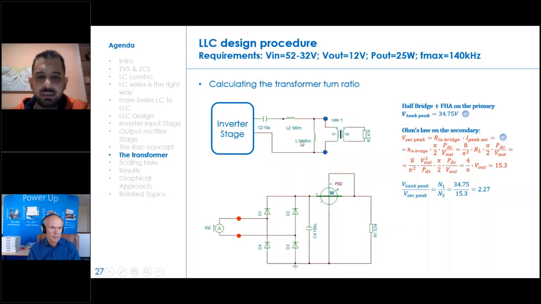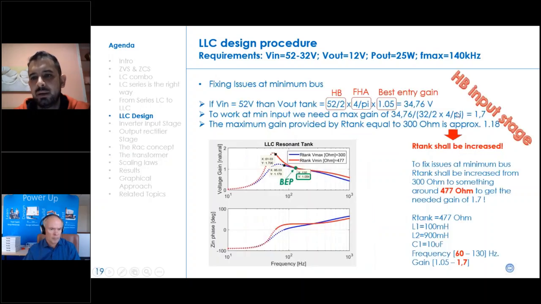So we said that the voltage on the output of the tank, so this voltage here, is something around 34.75. How do we get this? Simply, we come back: it is 52 over 2 maximum bus over 2 because of the half bridge, first harmonic approximation gain, best gain entry point. We get this value at the output of the tank.